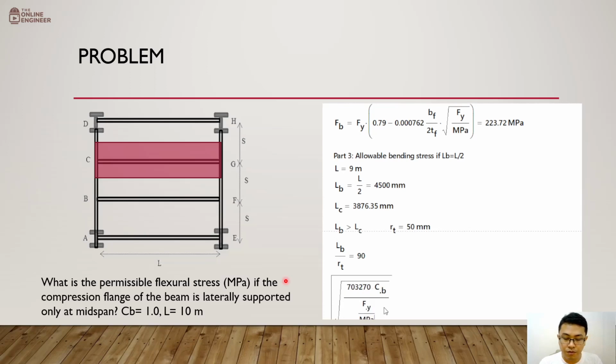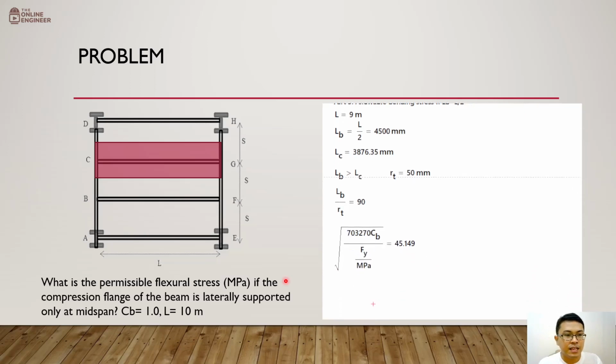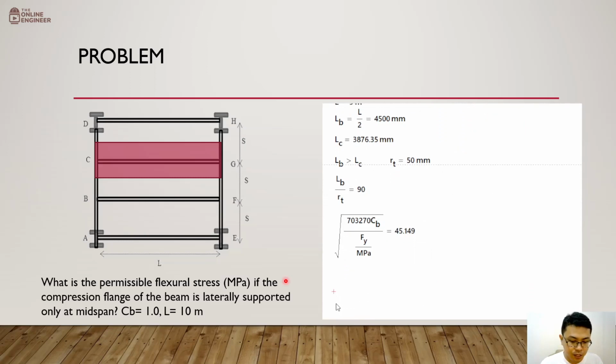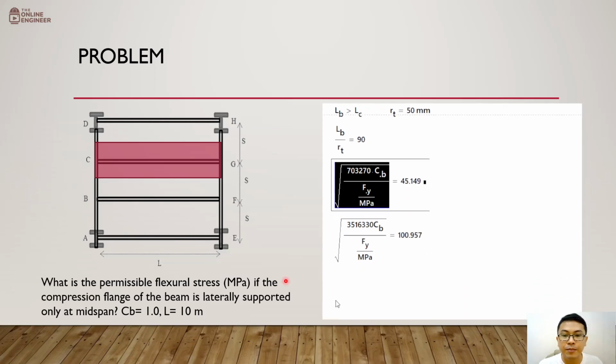So I'll just remove the unit for FY here. So it's 45.149. The other limit is the square root of 3516,330 CB over FY, with FY in megapascal. So the other limit is 100.957.